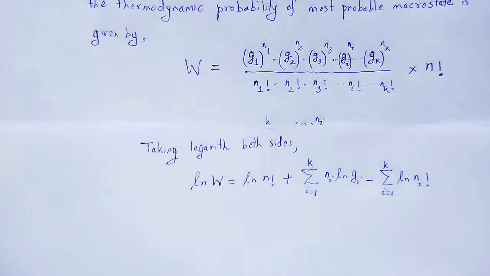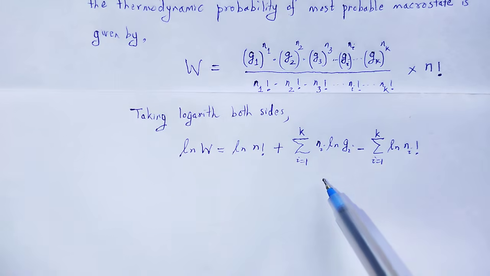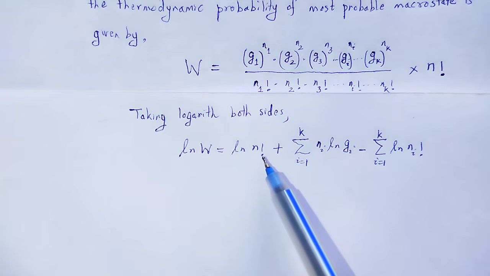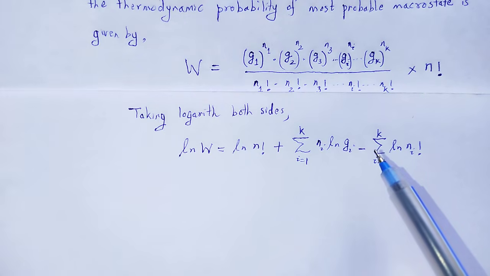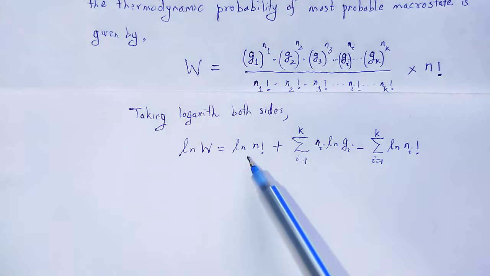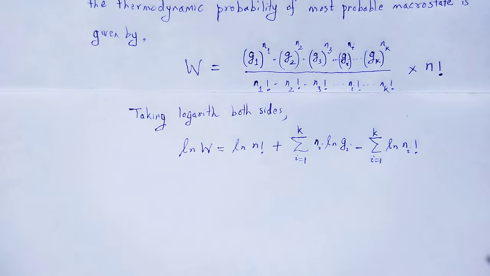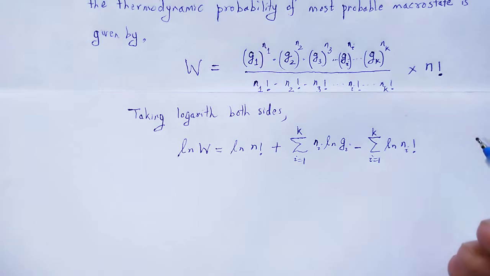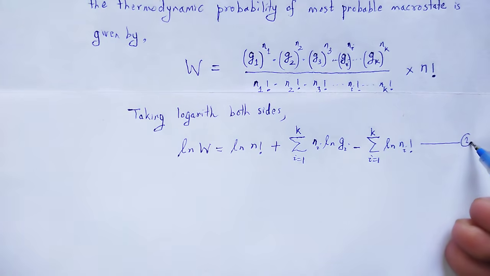Next, look here, since N and Ni are very large numbers, hence their logarithm can be evaluated by using a formula which is called Stirling's equation, equation number 1.